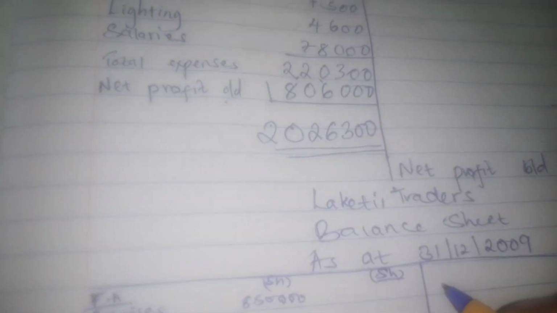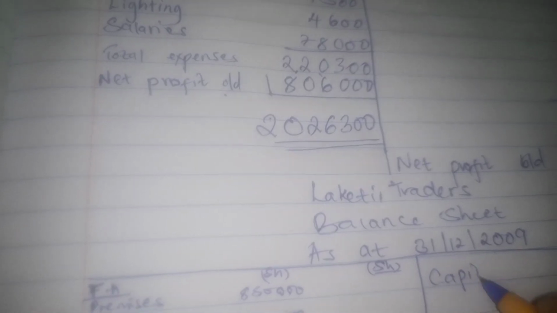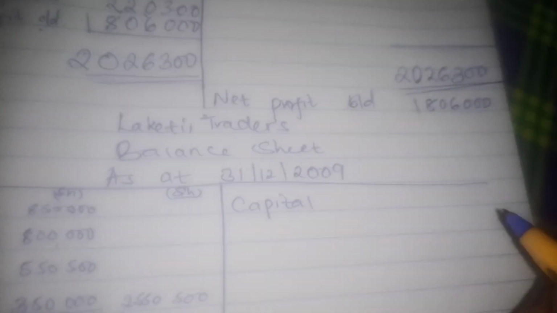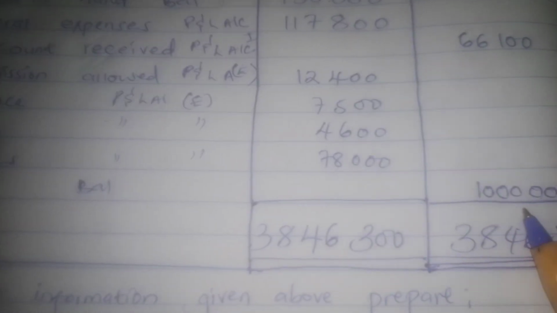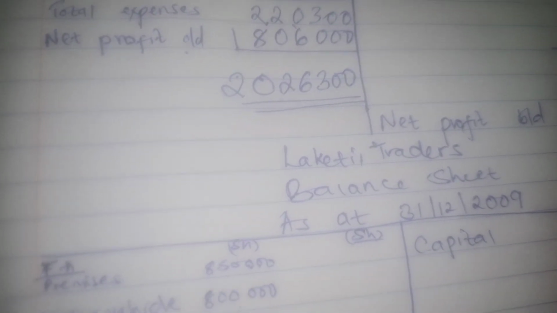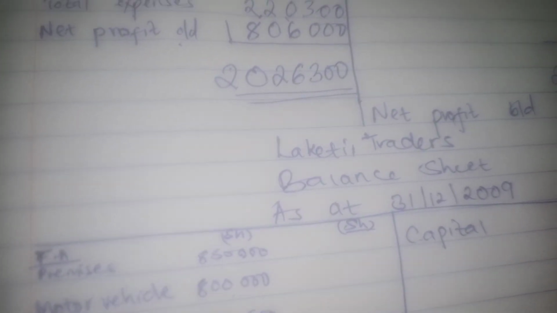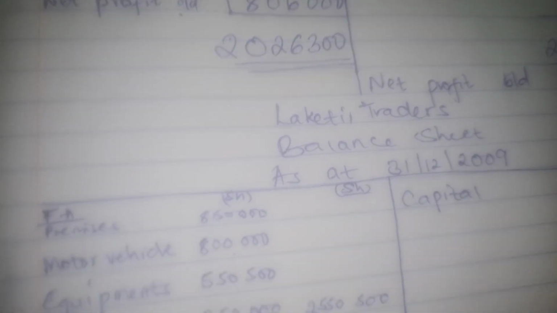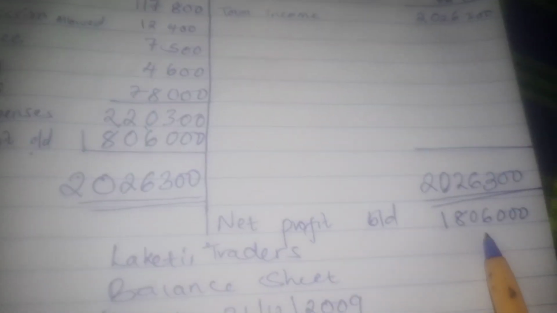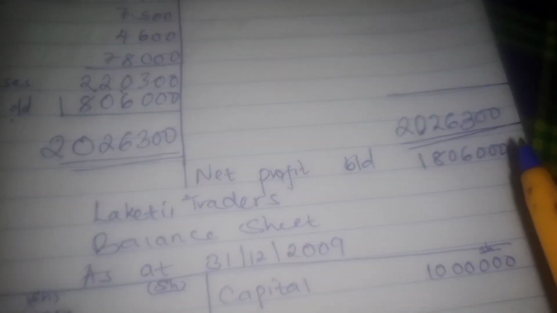Then we proceed to the other side where we record capital and liabilities. Our capital is 1 million. Then remember we had some net profit.